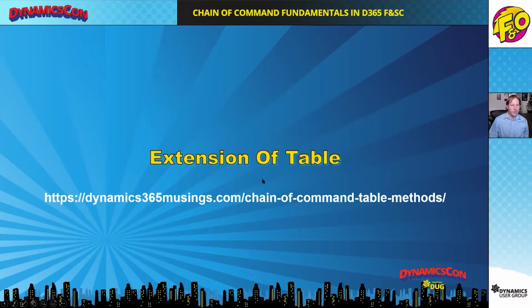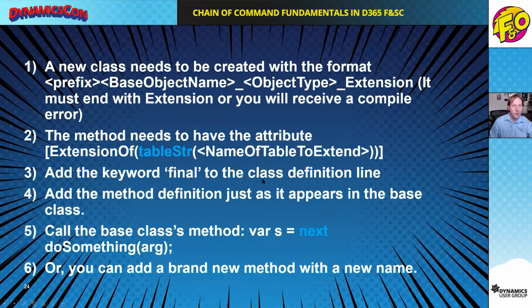So let's look at an extension of a table next. Here we're going to cover this same slide essentially over and over again, but when we do chain of command on a table, the main difference is we're going to use this function called table string, and we're going to provide the name of the table that we're going to extend. So that's really the only difference between doing chain of command on our class.